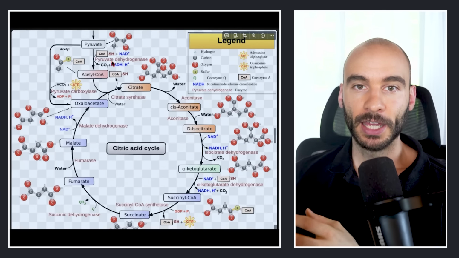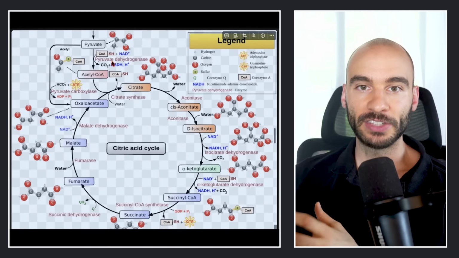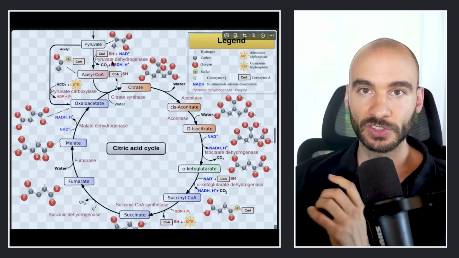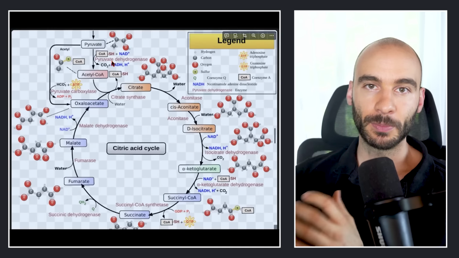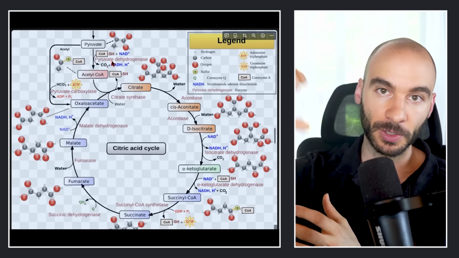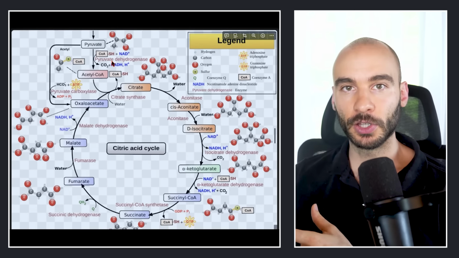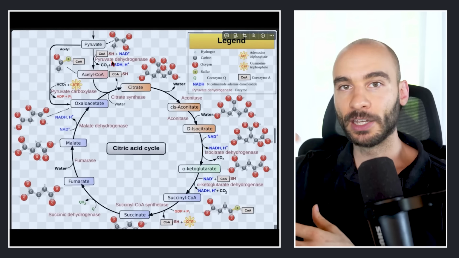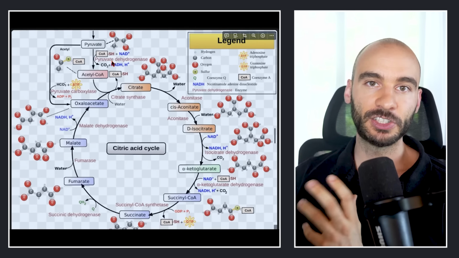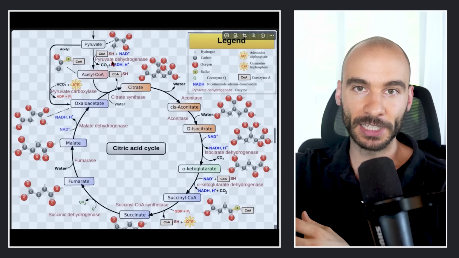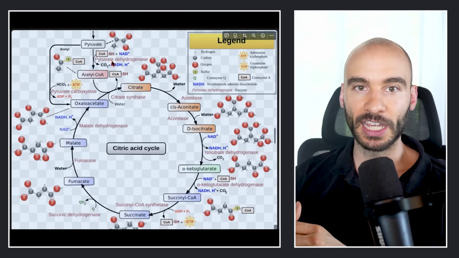That pyruvate then directly stimulates pyruvate dehydrogenase, which is the main enzyme that brings the pyruvate, the product of carb metabolism, into the Krebs cycle, and then it runs through the Krebs cycle to produce the NADH and FADH2, so that you can bring that into the electron transport chain and produce ATP.